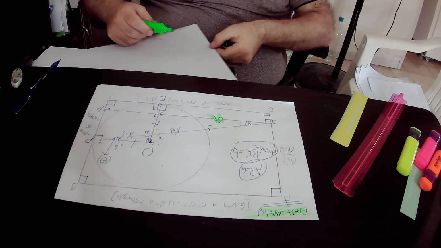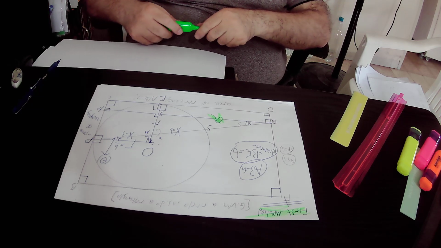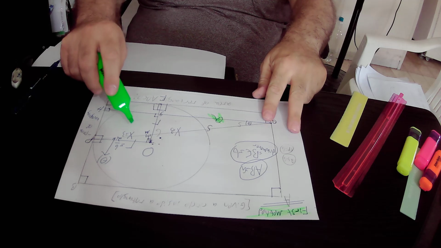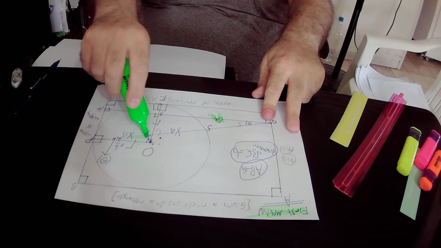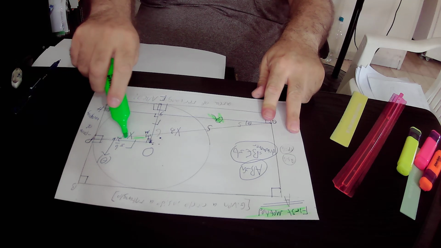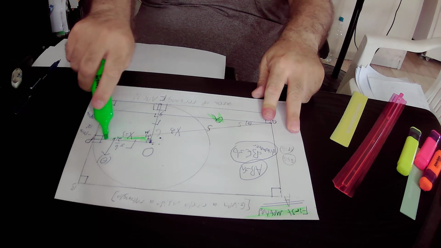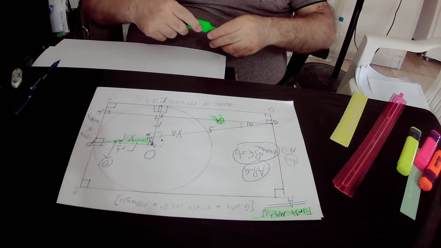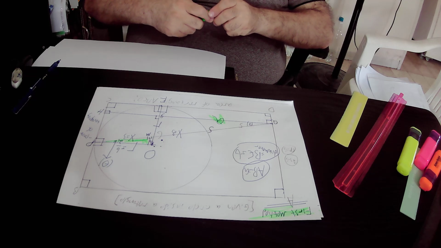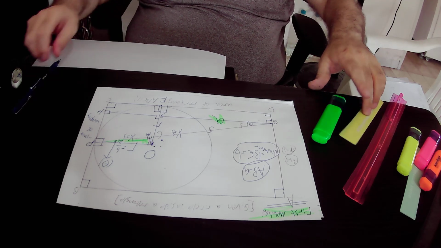In the next step, we will focus on the green small right triangle, triangle OMP. I will copy triangle OMP in this new page and we will analyze triangle OMP.